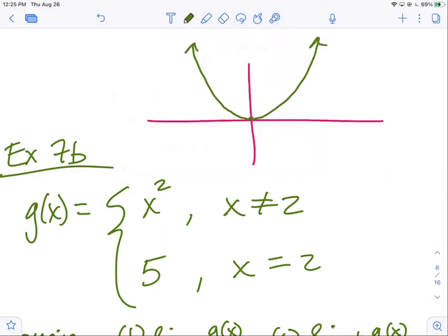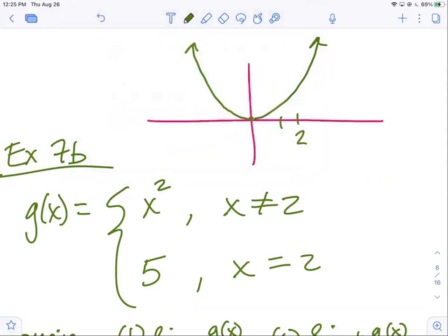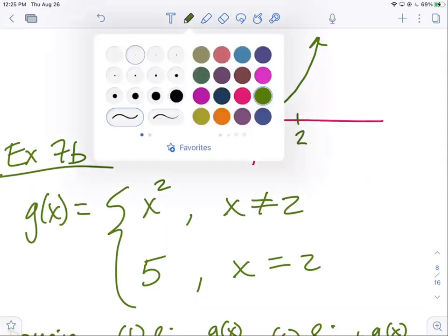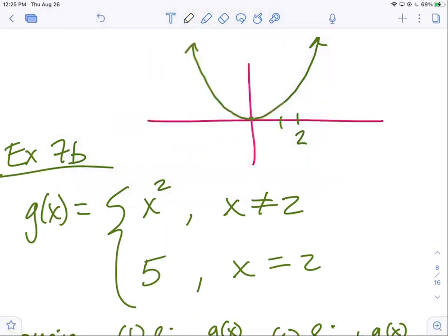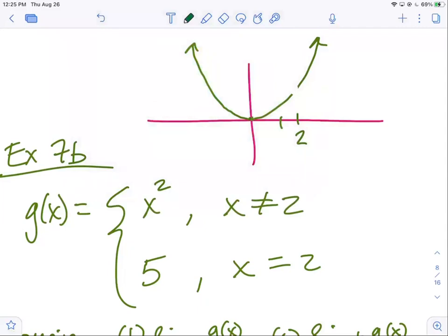The only difference is it says, hey, when it's 2, don't use x squared. Okay, I won't. So I'm going to come up here and just wherever it intersects, I'm going to do that. Okay? But then it says, when x is 2, let it be 5. Now, here's the deal. I need to know where to put the point (2, 5) in relation to the graph.